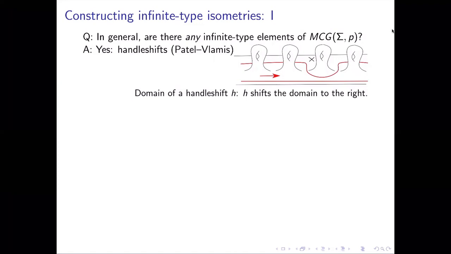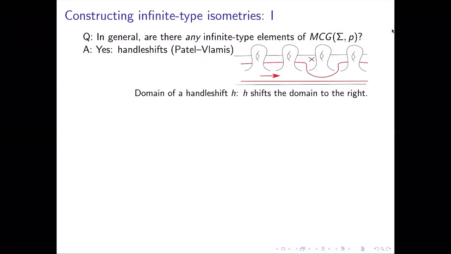So a handle shift comes with a domain. The red lines on this graph are the domain, and the domain is everything that's between those two lines, including these handles. So three of these handles are inside of the domain. And what a handle shift does is it shifts its domain to the right one handle. And to the right is simply because this arrow here is pointing to the right, indicating that this particular handle shift moves to the right.